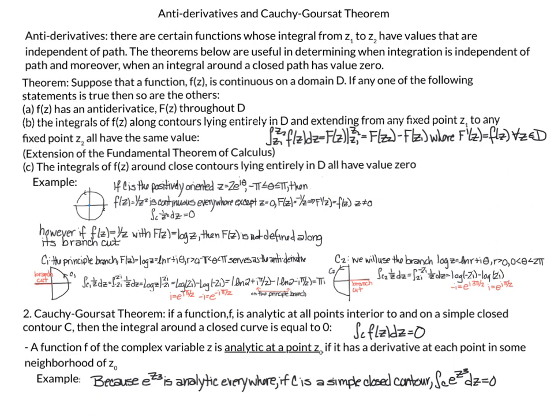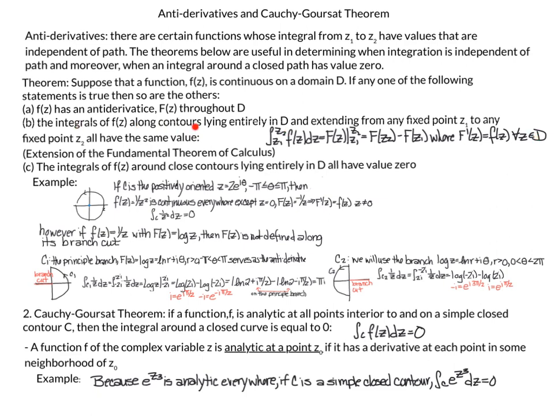The first theorem relating to antiderivatives is: suppose we have a function f of z that is continuous on a domain D. Then if any of the following statements is true, so are the others. 1. f of z has an antiderivative, capital F of z, throughout the domain D. 2. The integrals of f of z along contours that lie entirely in D, extending from any fixed point z1 to any fixed point z2, all have the same value.